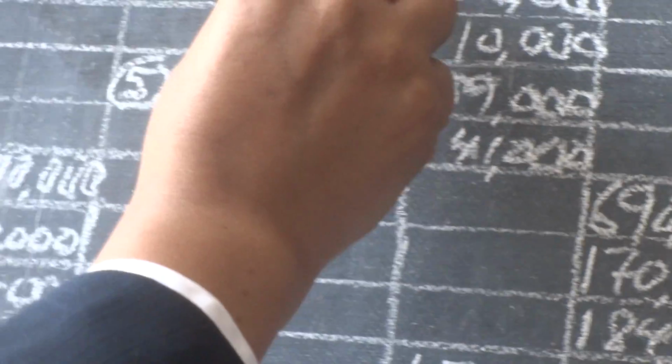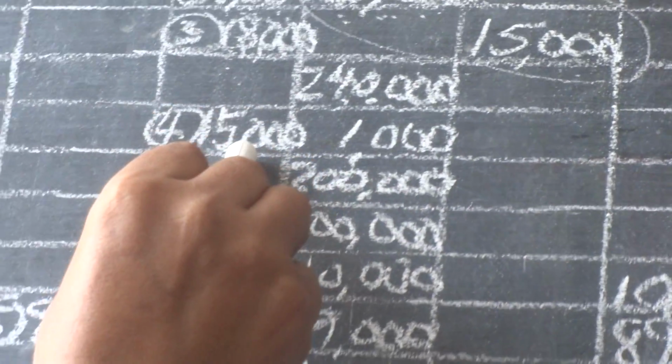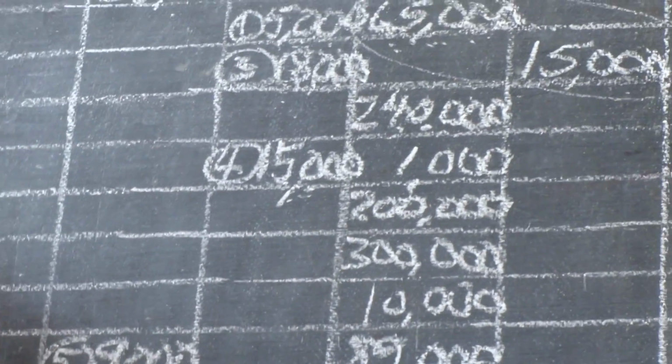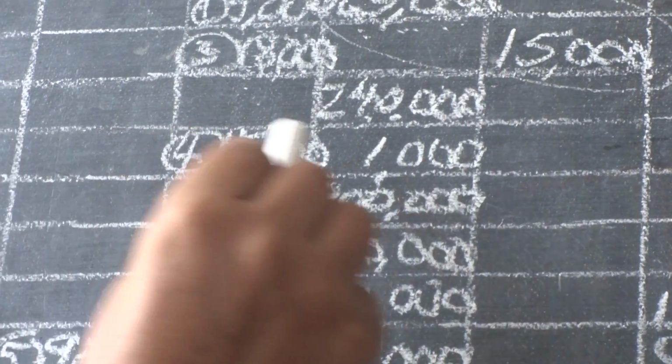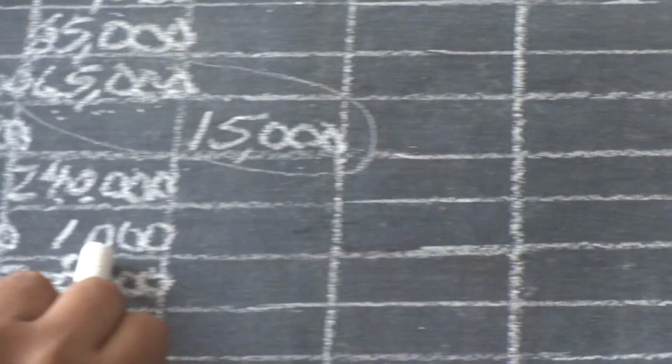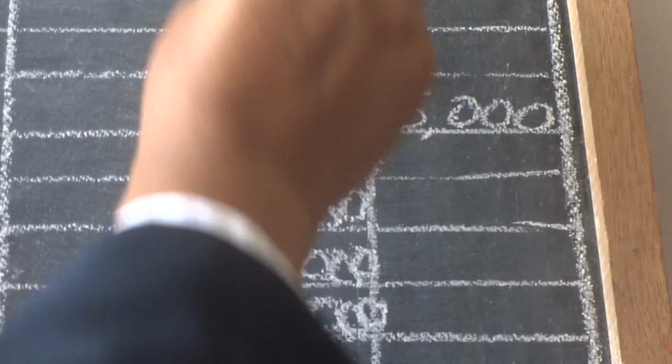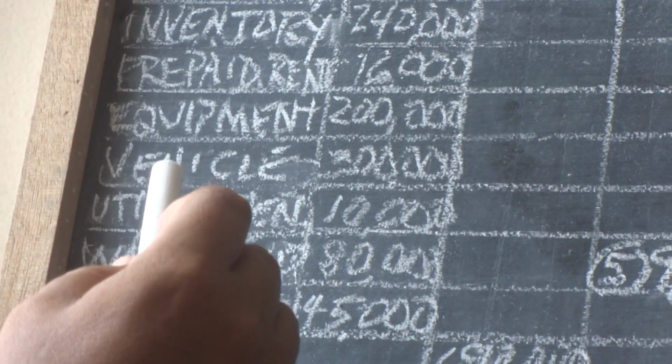So prepaid rent is $15,000 minus $16,000 gives net $1,000 that goes to the column of debit in the balance sheet. Then we have the fixed asset.